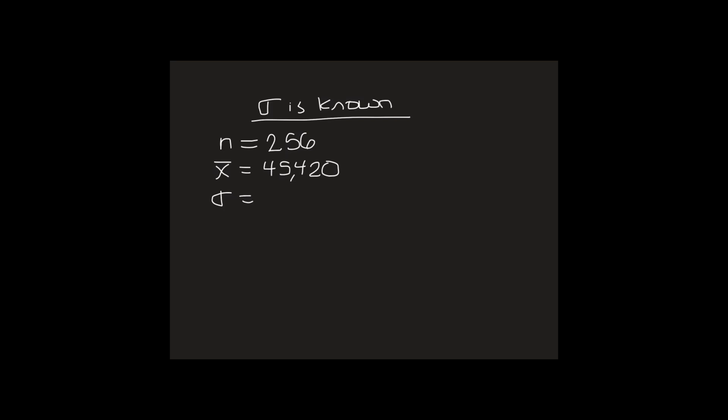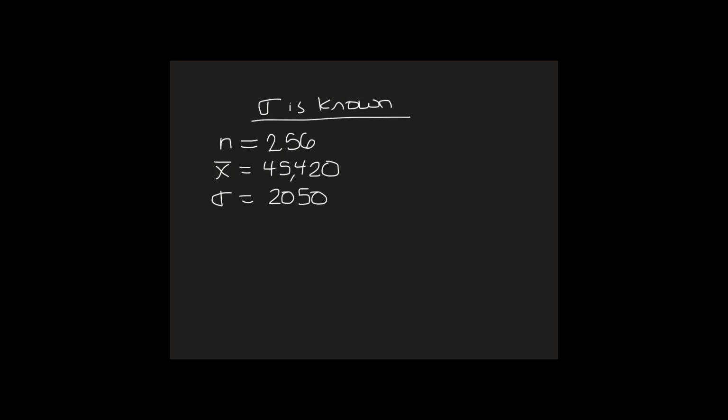Example problem. Confidence interval for a mean where sigma, the population standard deviation, is known. This implies that we're going to be using our Z table in order to build this confidence interval. So let's write out some of the parameters in the problem. The question tells us that n, the sample size, is 256, the sample mean X bar is 45,420, and the standard deviation of this population is 2,050.